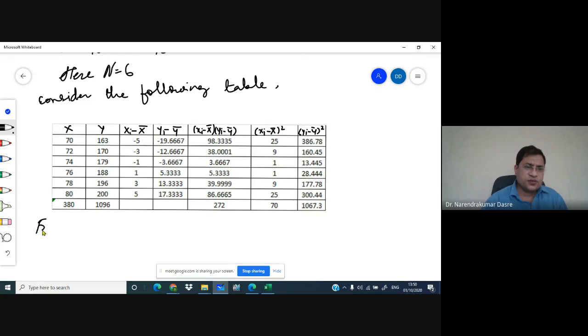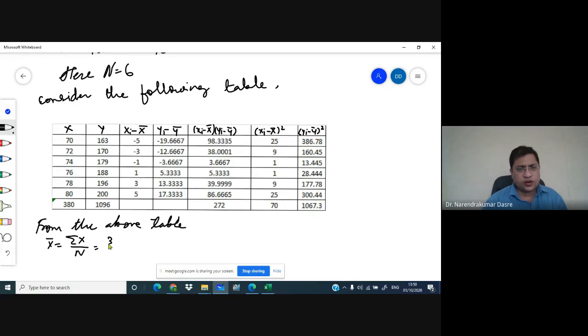So from the above table, first we need to calculate x bar. x bar is summation x upon n.